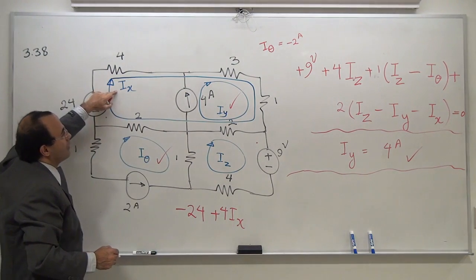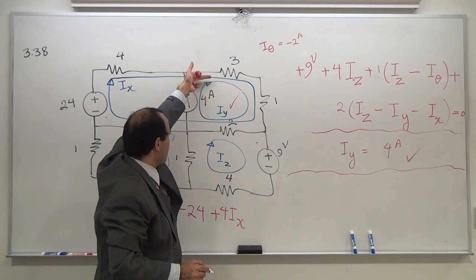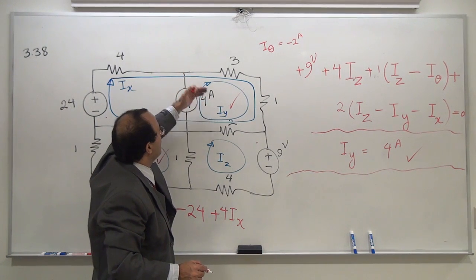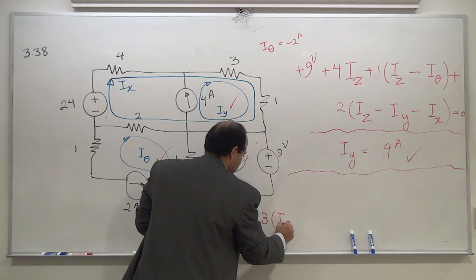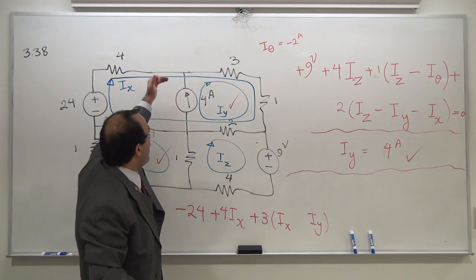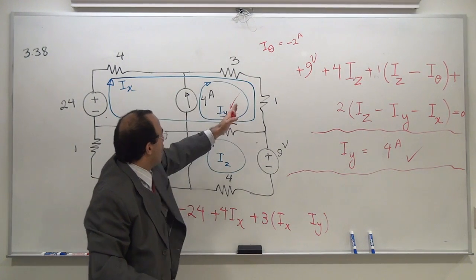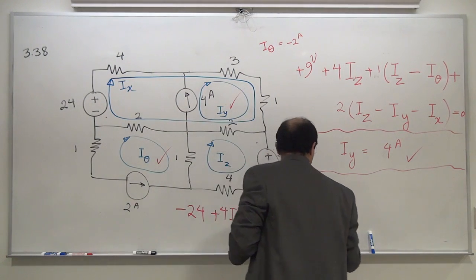Nothing else. When I get to the trio, I see Ix and I see Iy. Ix is the leader. Iy is the follower. Ix is going from left to right. Iy is also going from left to right. Therefore, you add them.